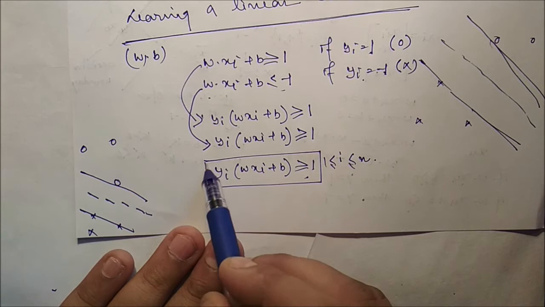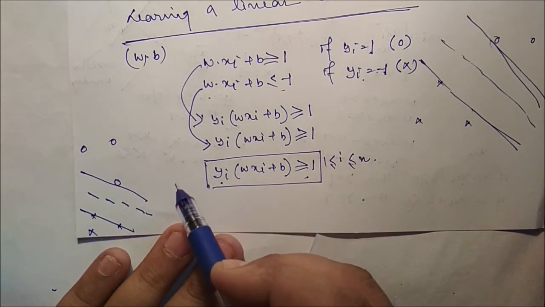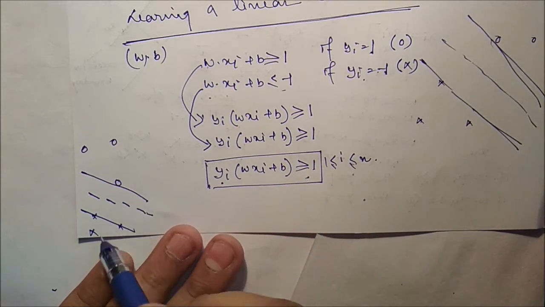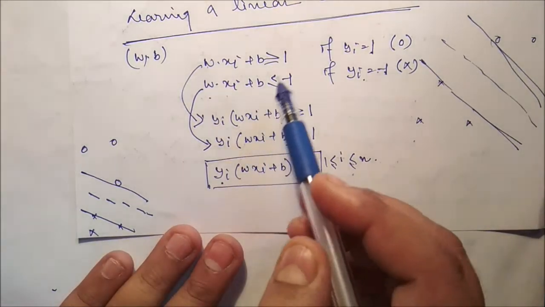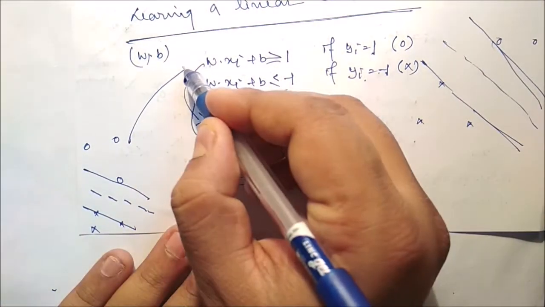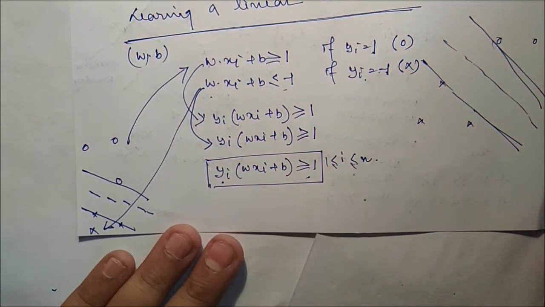Now from this equation we can identify that all the plus 1 points must be above the hyperplane, and all the minus 1 points must be below the hyperplane. Moreover, the margin d must be maximal.